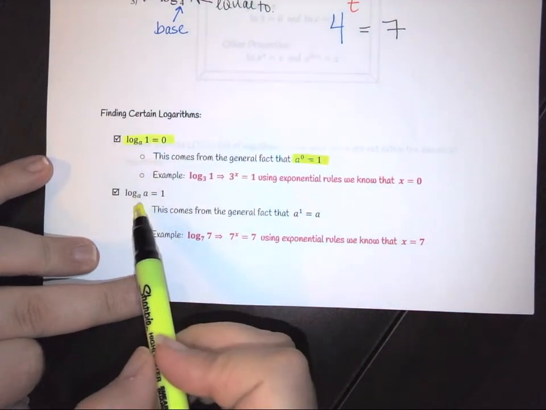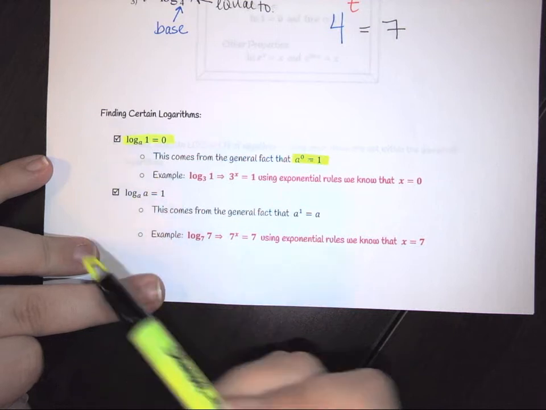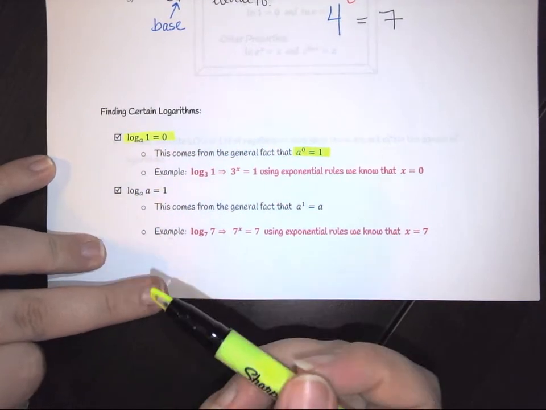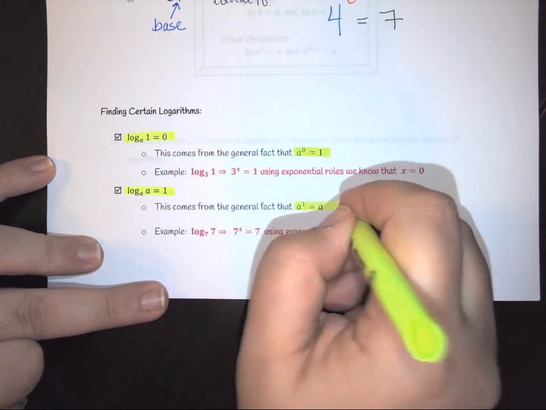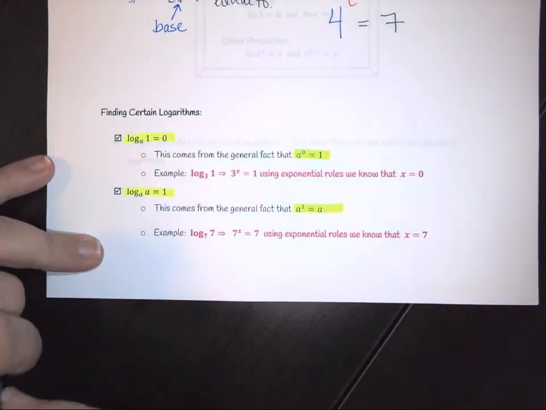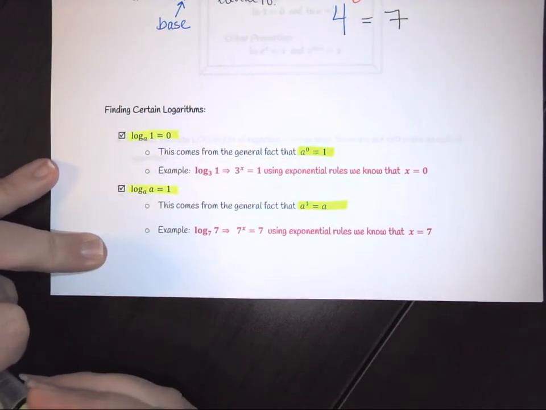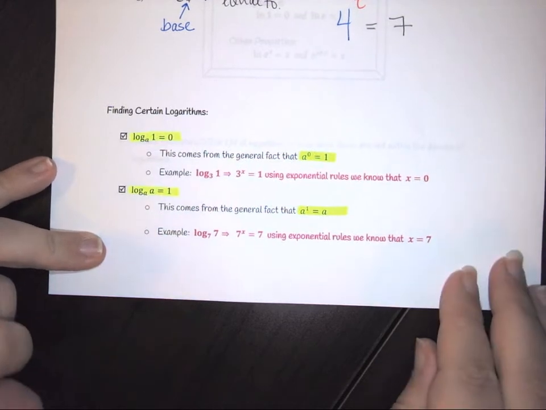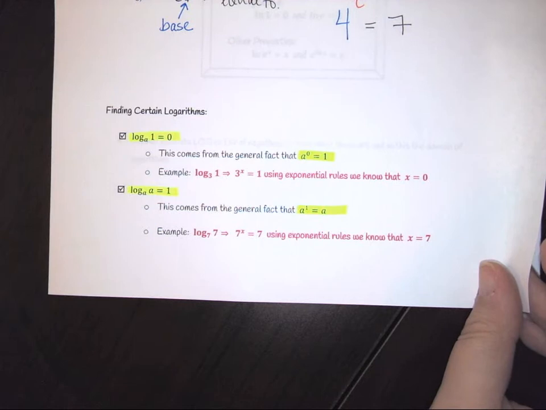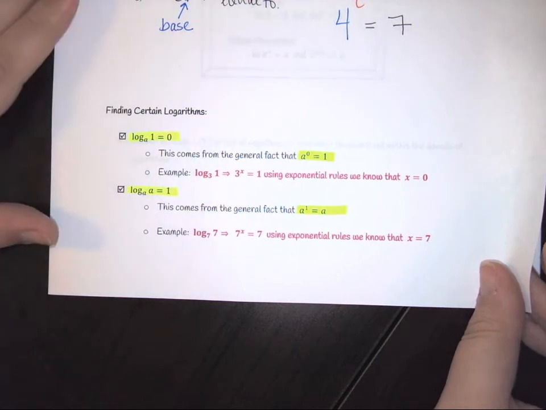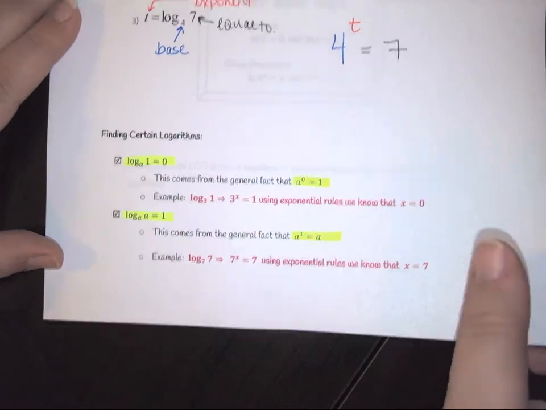The other thing to remember is that if the base and what you're taking the log of are the same, then the result is 1. Again, it comes from the idea that a to the first power spits itself out. You have to use that idea depending on the problems that you are solving.